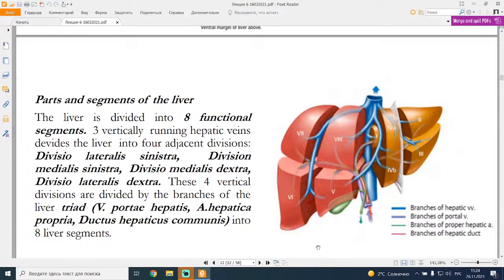These 4 vertical divisions are divided by branches of the liver triad, vena portae hepatis, arteria hepatica propria, ductus hepaticus communis, into 8 liver segments. You see 8 liver segments.